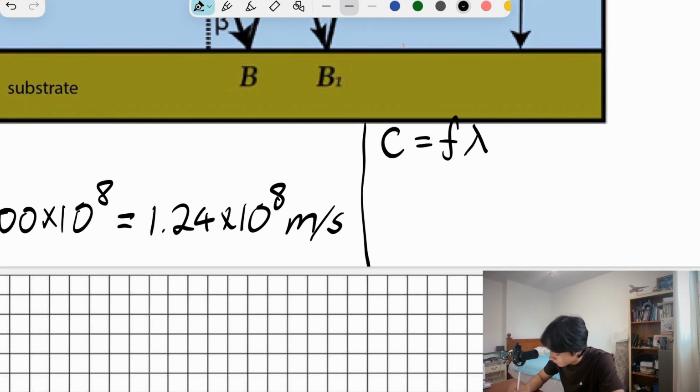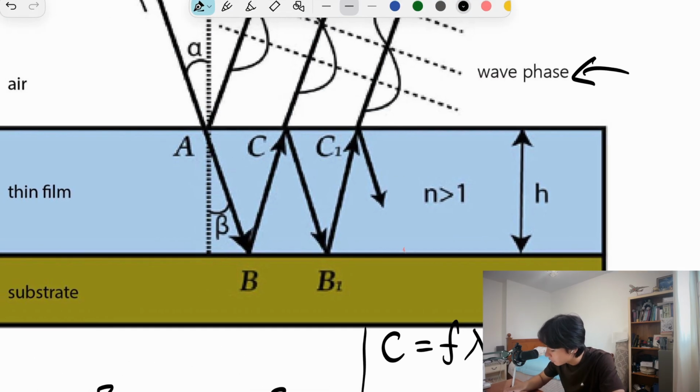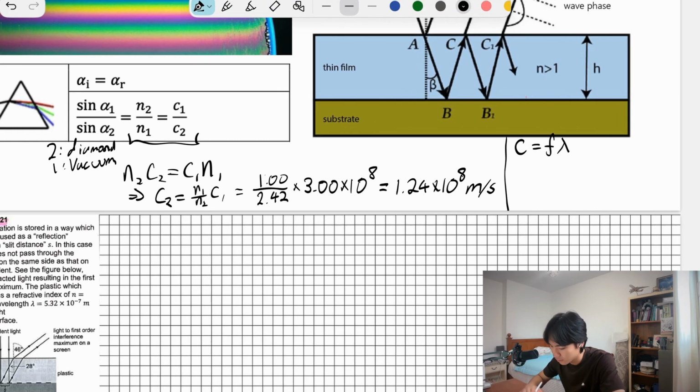The wavelength also changes, but frequency always stays constant for different mediums. That's important to know. Frequency is constant for air and any medium, basically, when light changes medium.